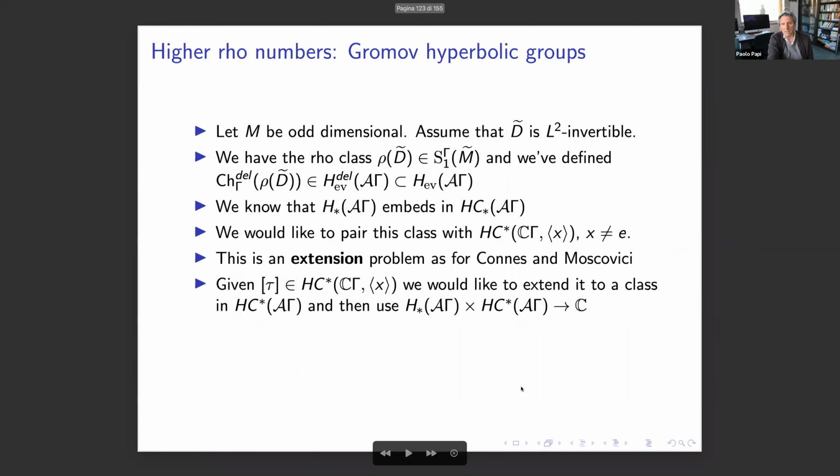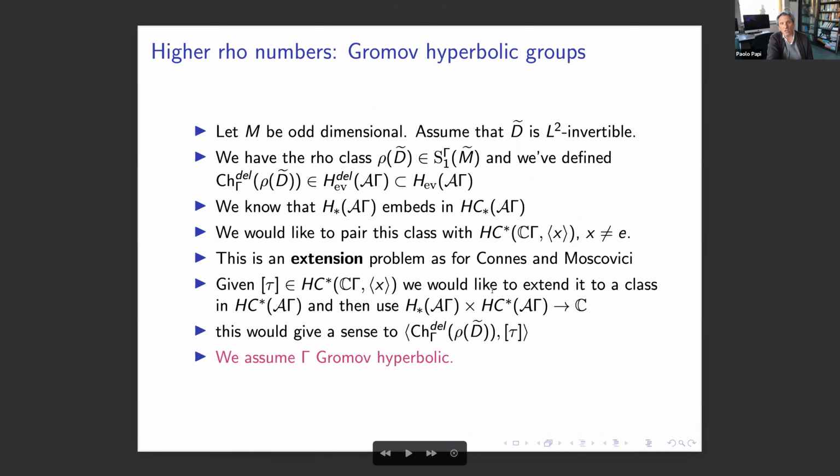So what we would like to do is, given an element here, extend it to a class in the cyclic cohomology of this algebra, a smooth algebra of gamma, and then we would pair and get a number.